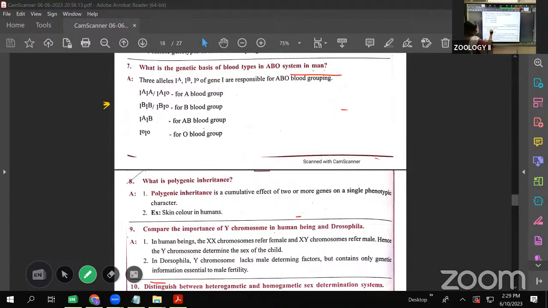Polygenic inheritance: poly means many. It is the cumulative effect of two or more genes for a single phenotypic expression.